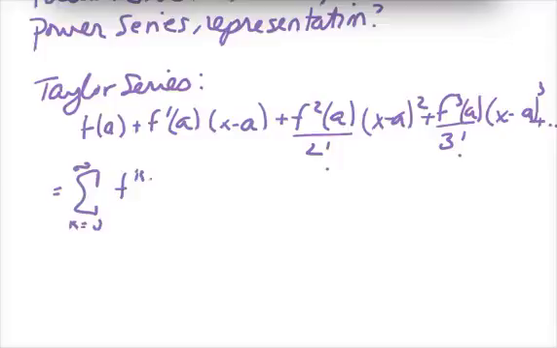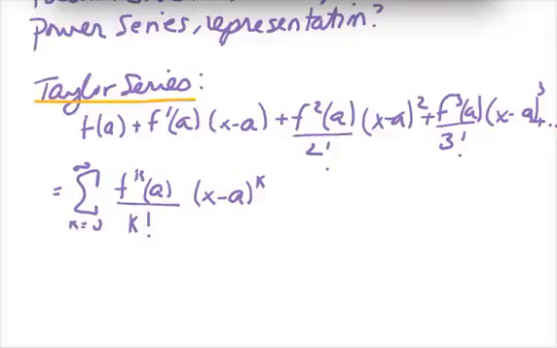The kth derivative evaluated at a over k factorial, times the polynomial term x minus a to the k. So that's the form for a Taylor series. And really it's just an extension of the Taylor polynomials.